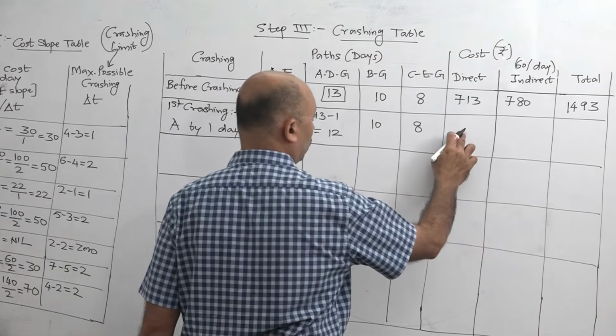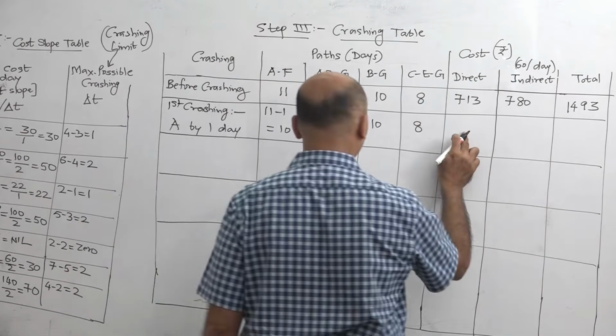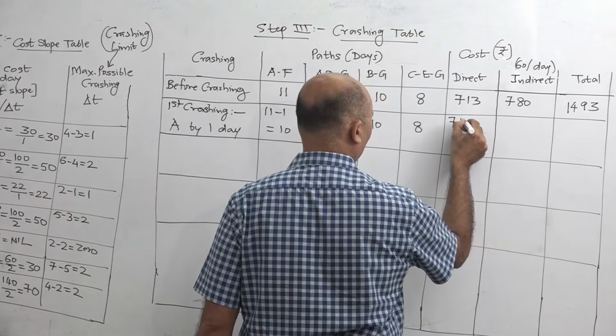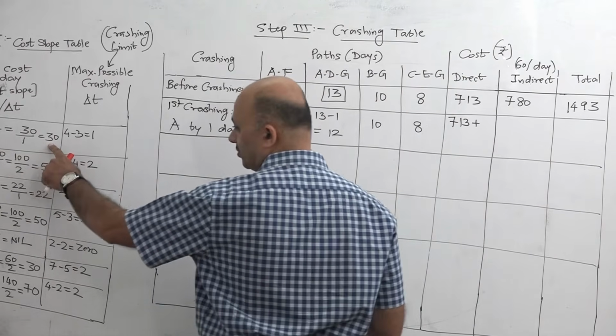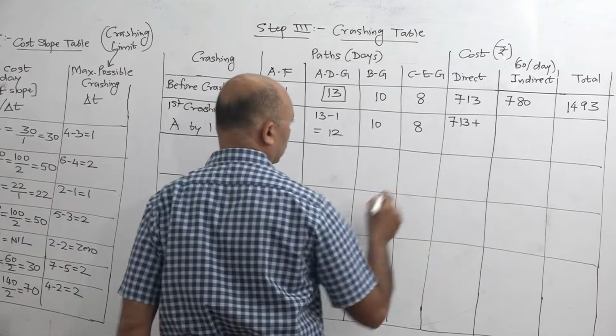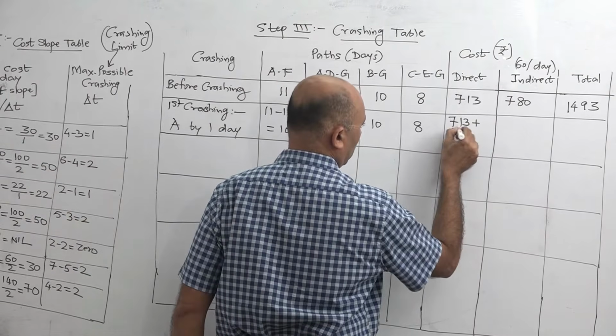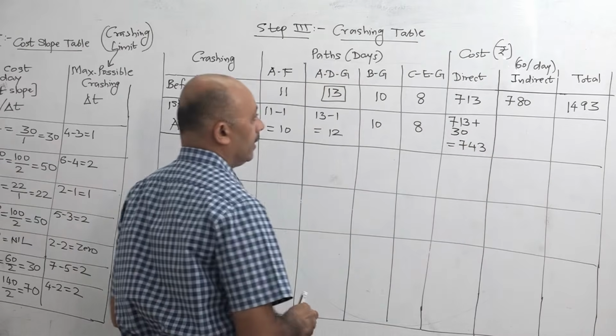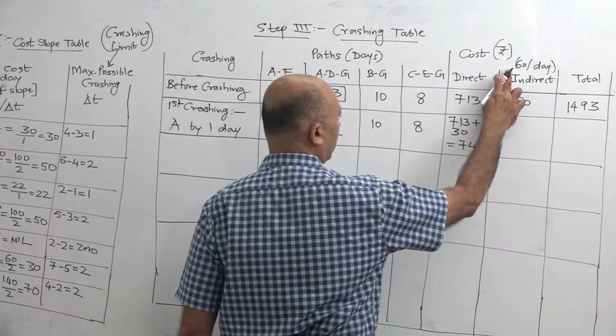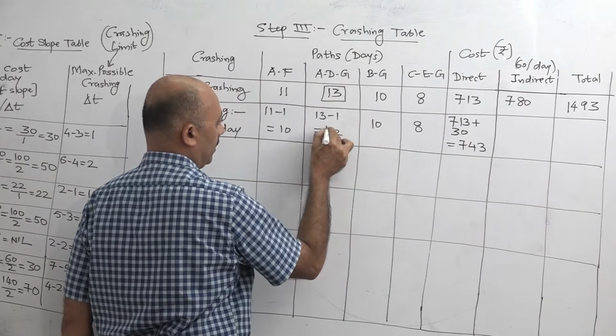Now direct cost will increase in the crashing process. Originally it was 713, plus by how much will it increase? It will increase by 30 rupees because crash cost is 30 rupees. So 713 plus 30, now it will become 743. Indirect cost is 60 per day and the completion time is now 12.